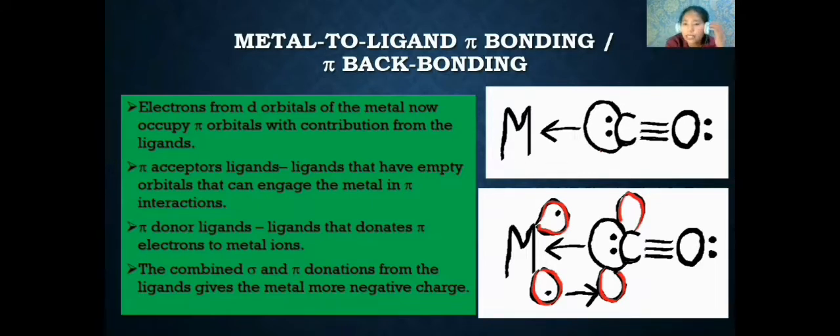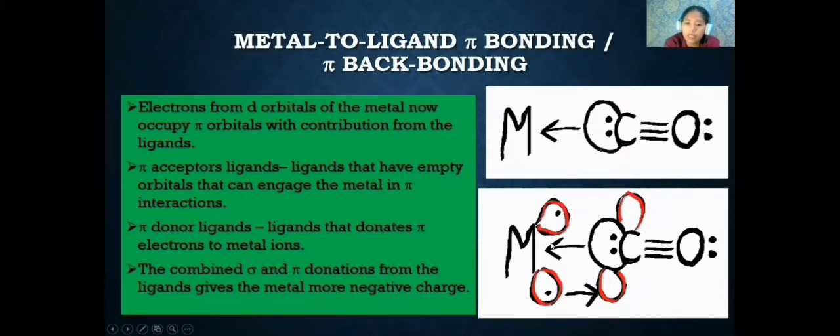So for example, in the diagram we have the carbonyl ligand and a metal. The carbon has unshared electrons. So these unshared electrons are given to the metal. So they are being shared to the metal.